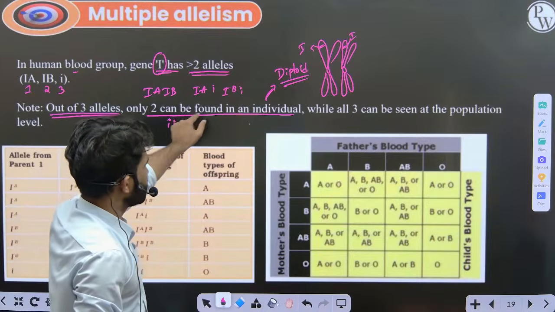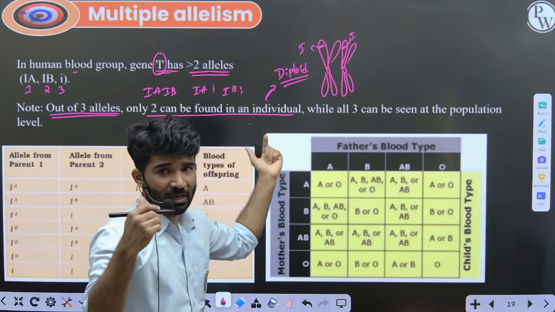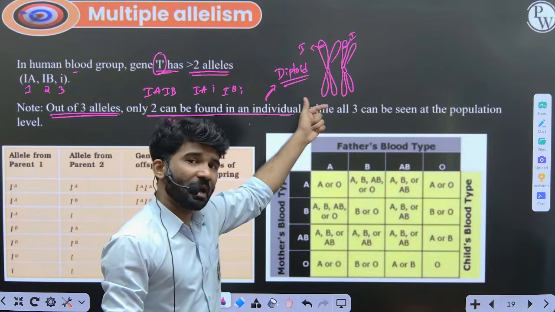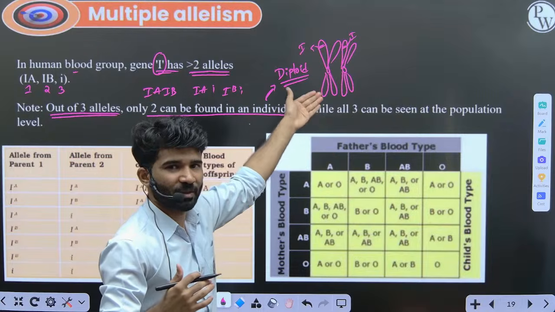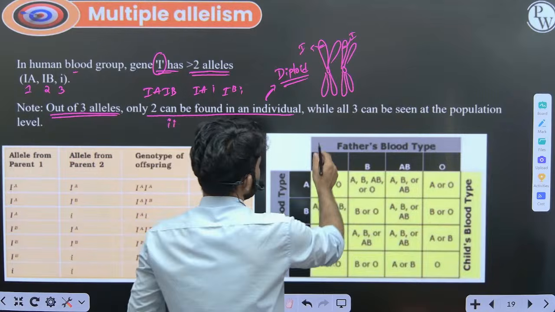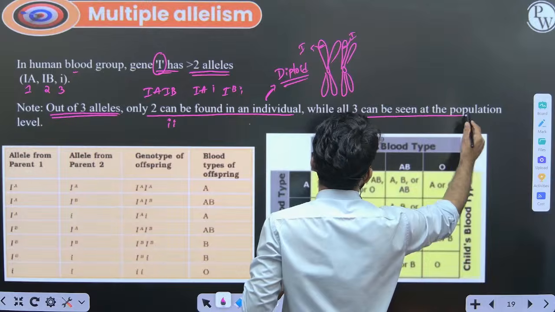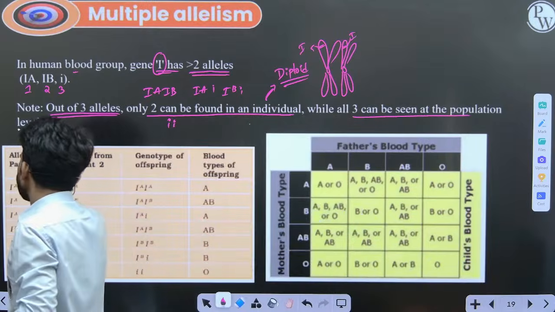Only two alleles can be found in an individual because we are diploid. If we were triploid, then it might be more than two alleles. While all three can be seen at the population level.